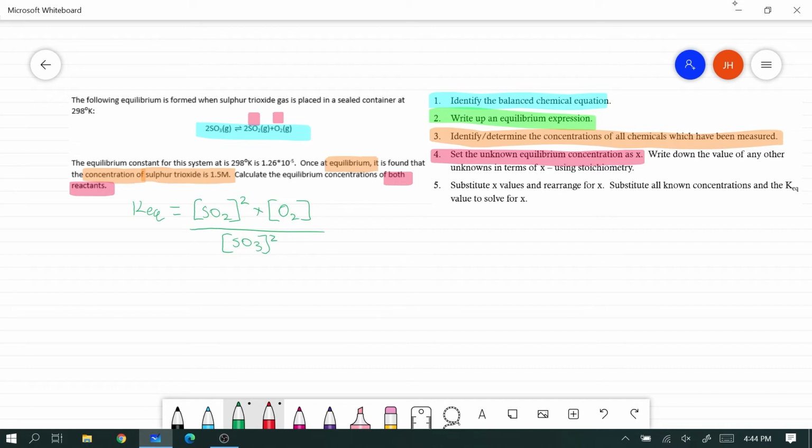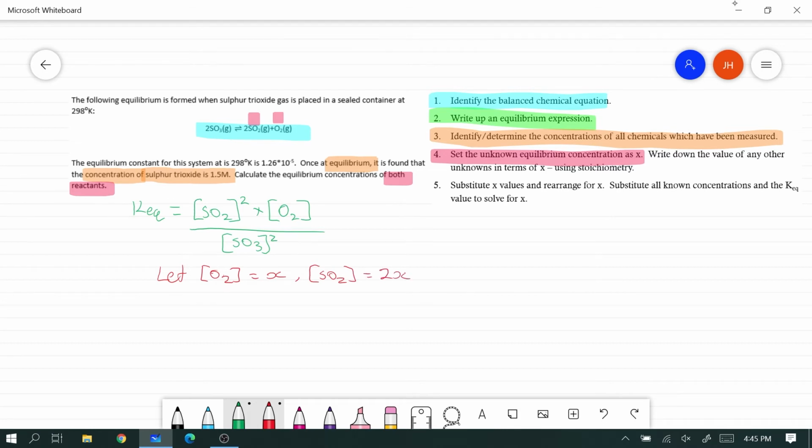So because for our stoichiometry there is 1 oxygen, we're going to be labeling that as X. So the first thing that I'm going to do is let the concentration of O2 be equal to X. From there, that will also mean that the concentration of our sulfur dioxide is going to be double.